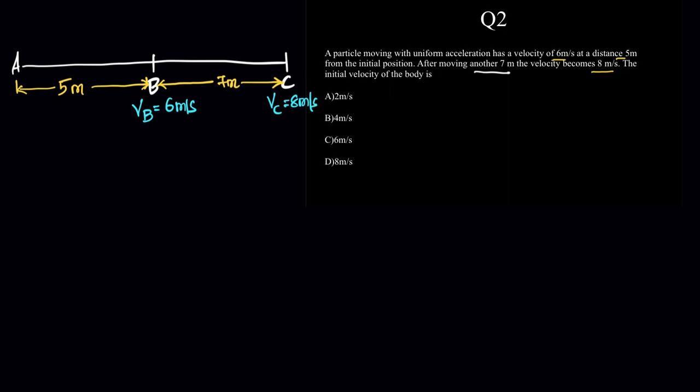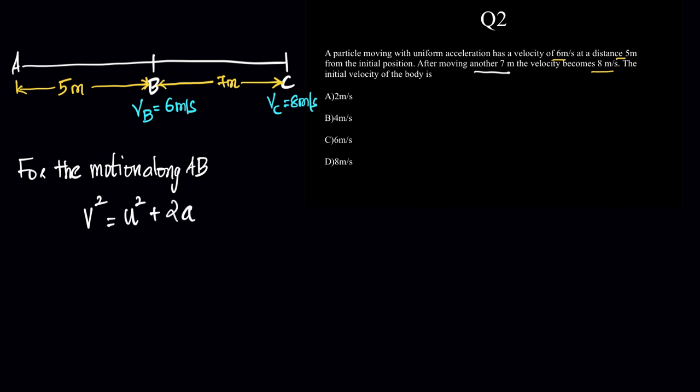Now, for the motion along AB, we can write the equation as v square is equal to u square plus 2as. Now what will be the final velocity? The final velocity will be VB.